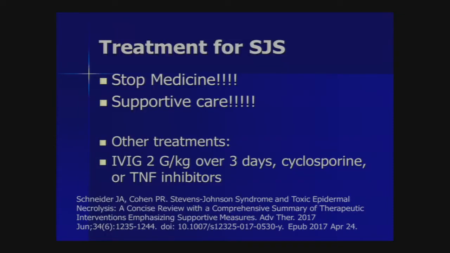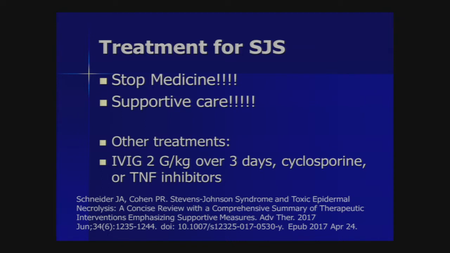So a new recent study, just again in June of this year, they correlated all the data from all the different studies, and they found that there's no real treatment that helps SJS. So the main thing they emphasized in this article was, again, stop the medicine and do supportive care. Now, most academic centers, and where I trained, we always would give IVIG, 2 grams per kilogram over 3 days.